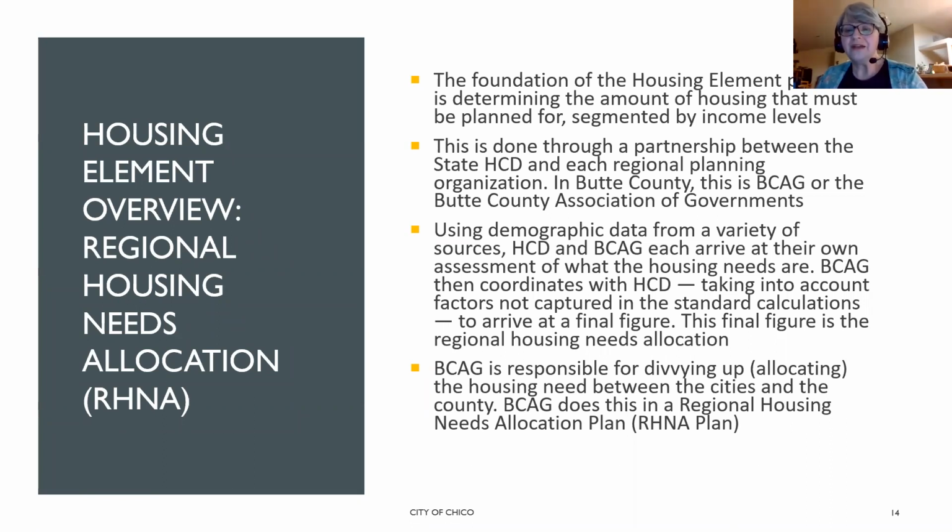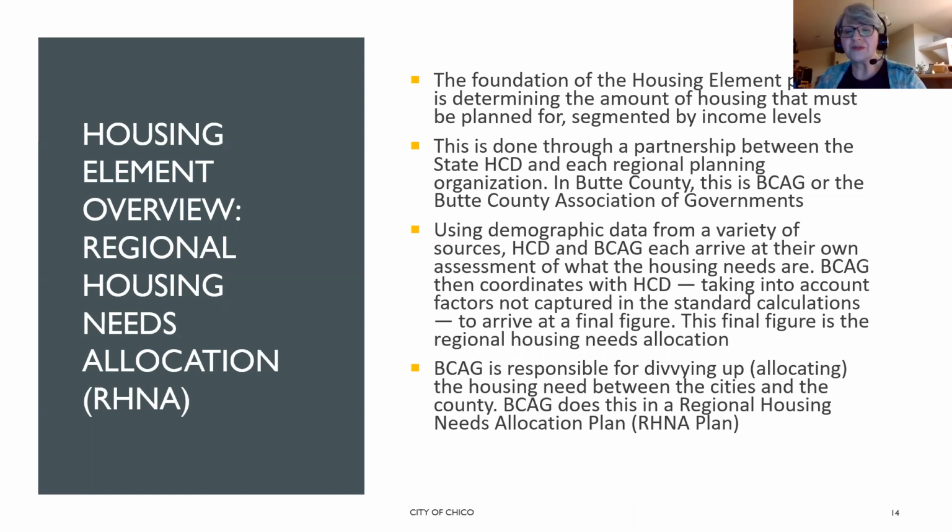In Butte County, this is BCAG, or the Butte County Association of Governments. Using demographic data from a variety of sources, both HCD and BCAG each arrive at their own assessment of what the housing needs in the county are.